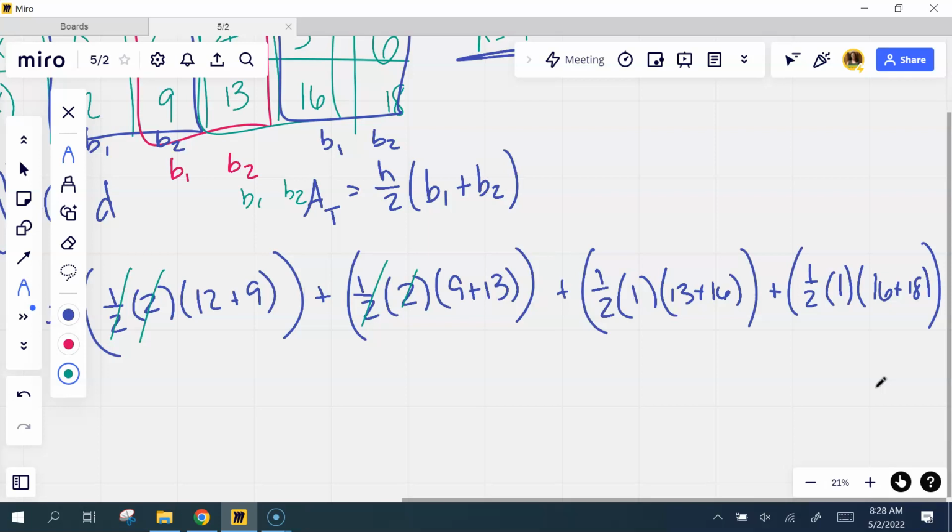But they're all easy once you get it, they're all pretty much the same thing.